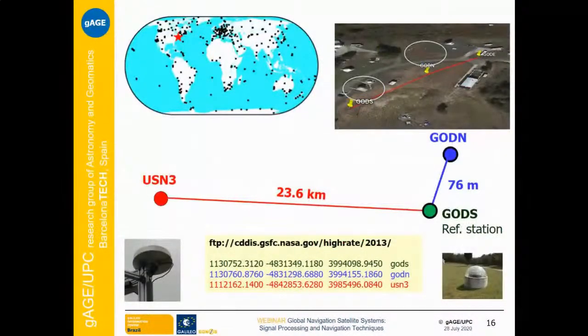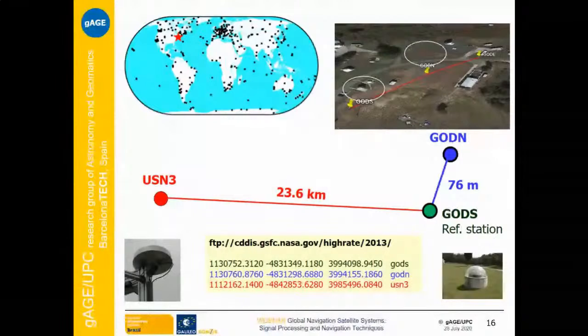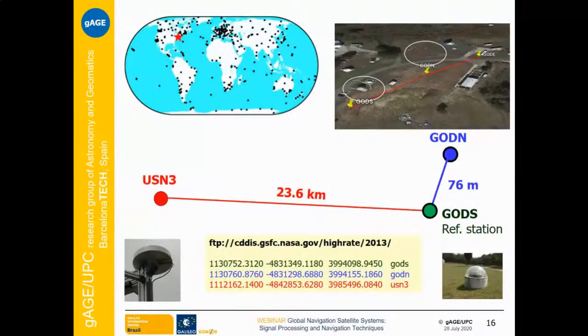So in order to show how the code differential GNSS works, we present an experiment that we did in the past, in which we use 3 nearby stations located somewhere on the east coast of the United States.